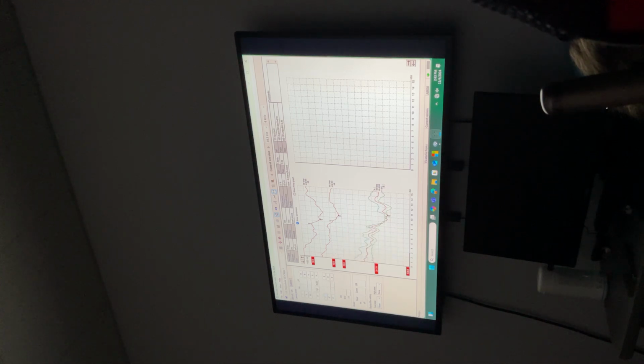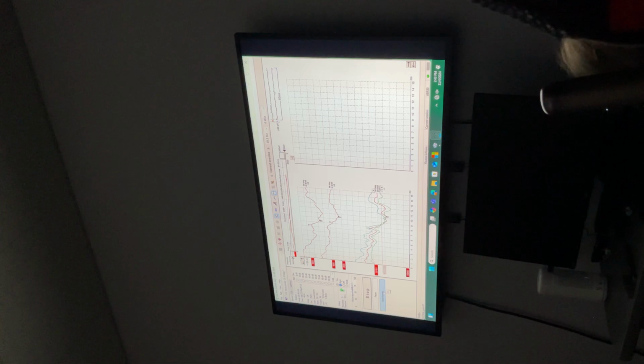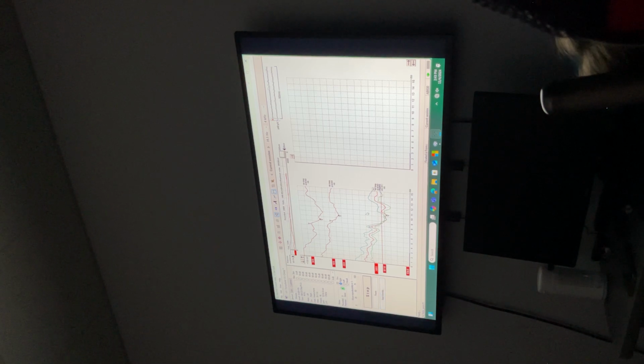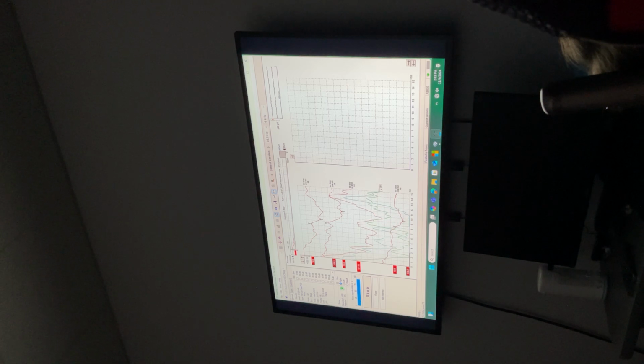I'll go back to 10 and see what's going on. I did not merge the two 20 dBs because one of them did not have any response. There's no point of adding them. It doesn't improve the average.